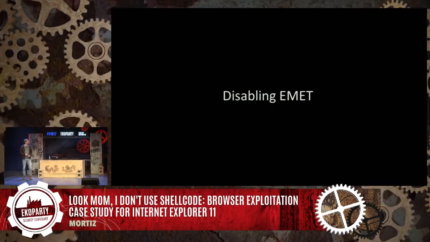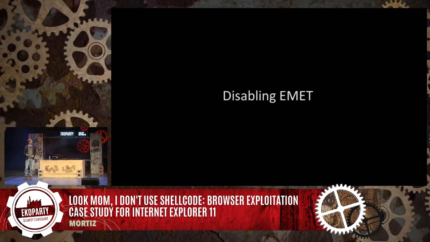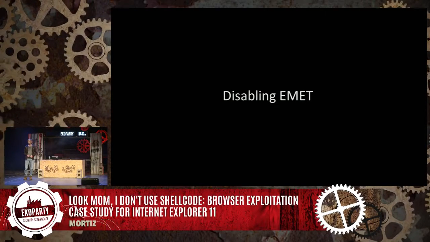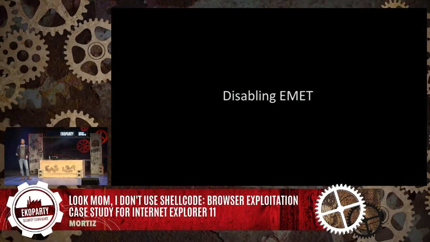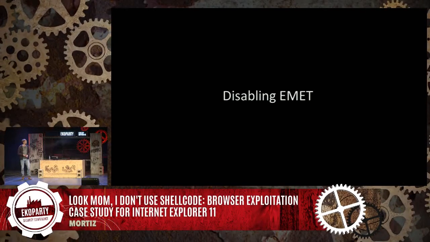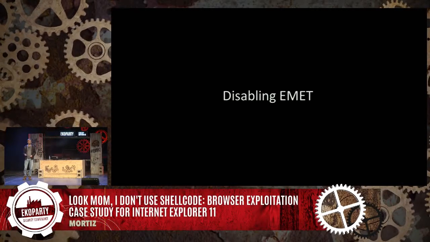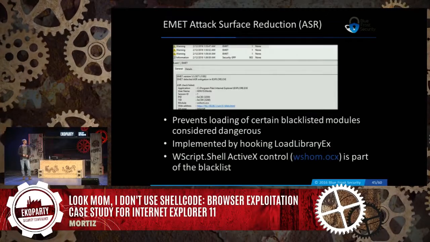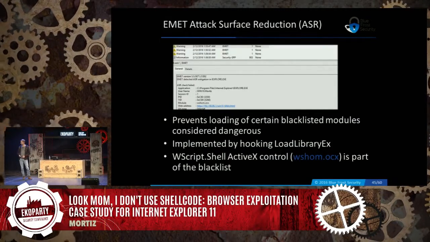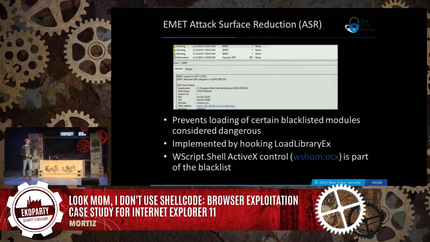So now let's take a look at EMET, because we were aiming for Pwn2Own, so we also had to bypass EMET. Since we didn't use any kind of ROP gadgets or shellcode until now, the question is maybe EMET doesn't detect us at all. So let's take a look. It turns out EMET detects the exploit, and especially the attack surface reduction, or ASR, feature of EMET will catch us.